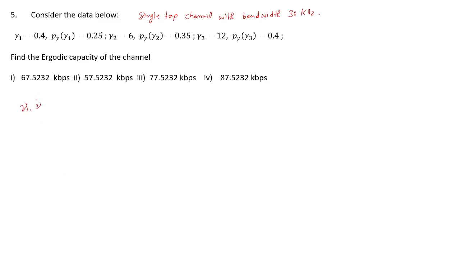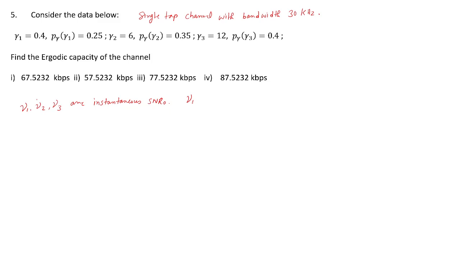Gamma 1, gamma 2, gamma 3 are instantaneous SNRs. You can say that gamma 1 value is 0.4, gamma 2 is 6, and gamma 3 is 12.